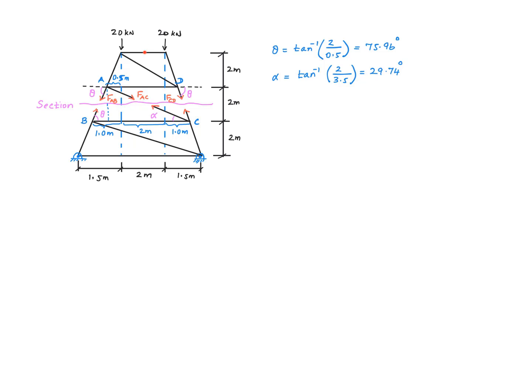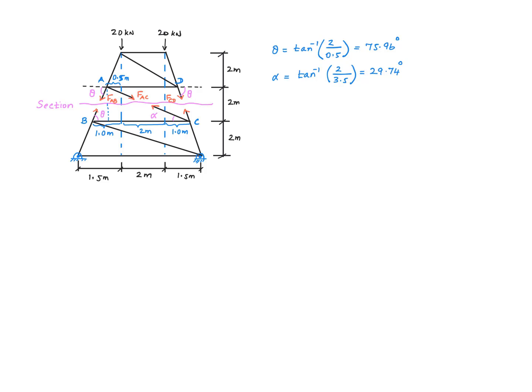The truss is symmetric about the vertical center line. So everything that we have on the right side of the center line is identical to what we have on the left side. In other words, they are mirror images, right? Alright, so with that understanding, now we can find values for angle theta and alpha.